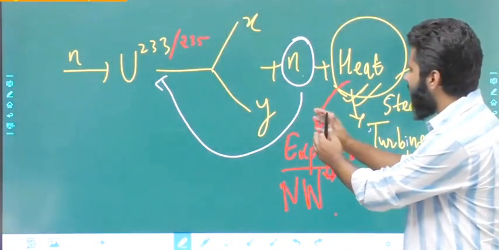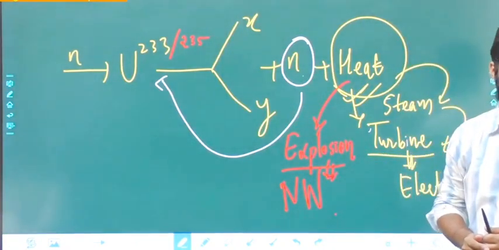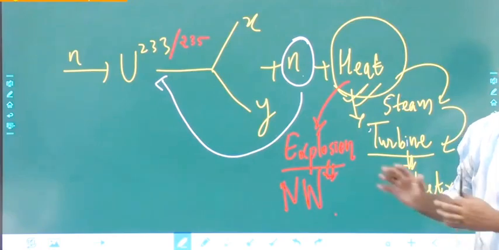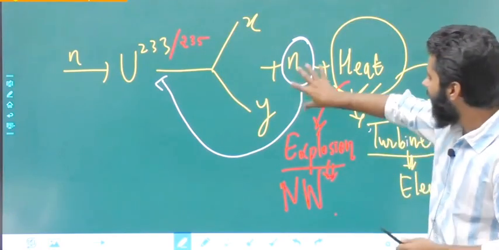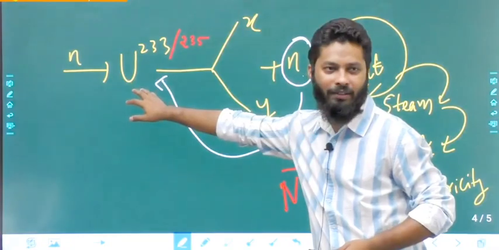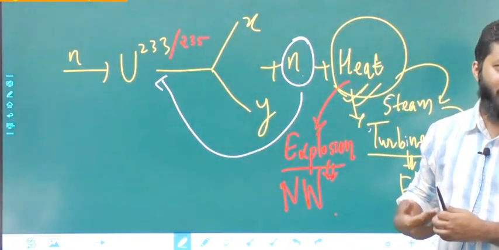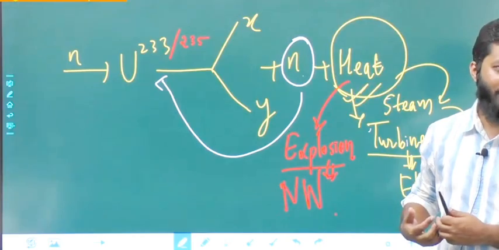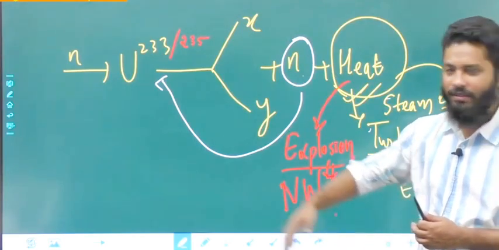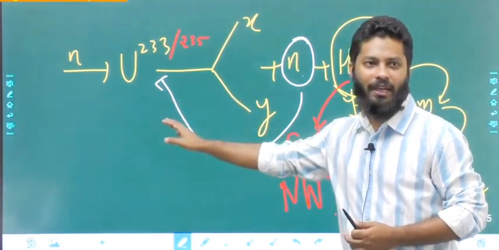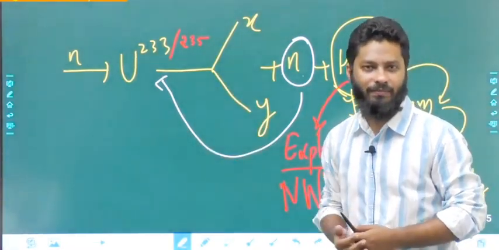But there is not a single atom of uranium 233. There are multiple atoms of uranium 233 present in this reaction. So this extra neutron will hit again this uranium and it will undergo a chain reaction, right? So it will generate an ample amount of energy, right? So this is only one part of the reaction. It has many such reactions, which is known as chain reaction. Fine.